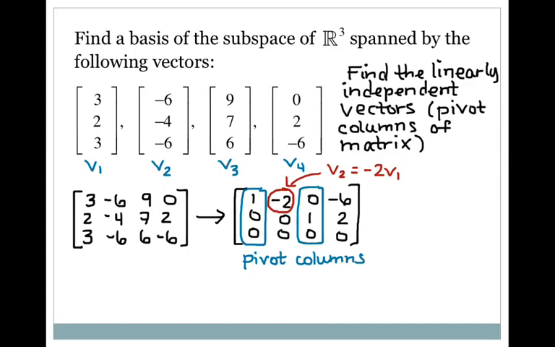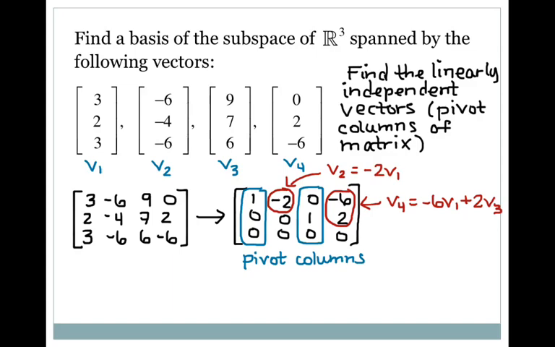Now if I look at the 4th column, I get the relationship v4 can be rewritten as -6 times v1 plus 2 times v3. I'm just using the columns of this reduced matrix to get this relationship.